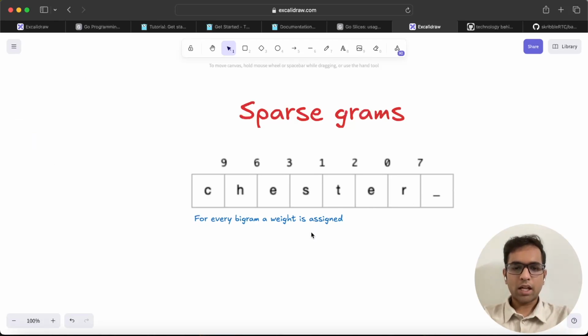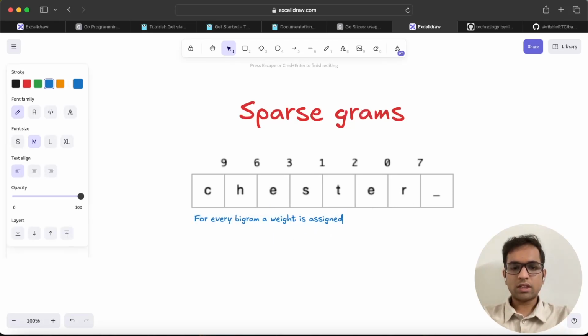So for every bigram a weight is assigned, and once this weight is assigned, we take n grams out of it, but not only trigrams. What grams we take here is something very interesting.